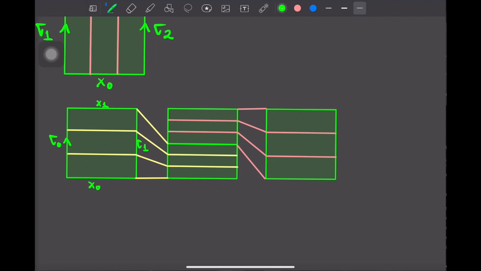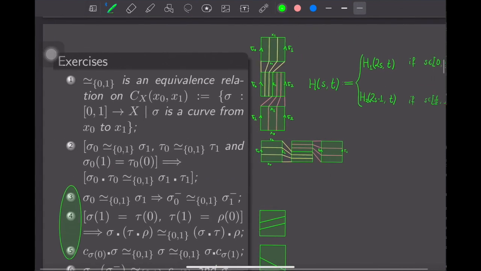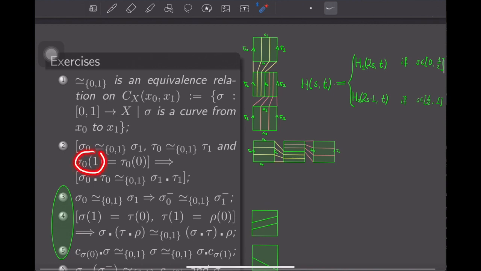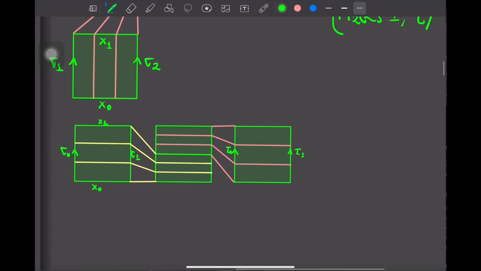And I also have tau naught homotopic to tau 1 relative to endpoints. And moreover, where the sigmas end is where the taus begin. So here I can put x1, and let's say here x2.